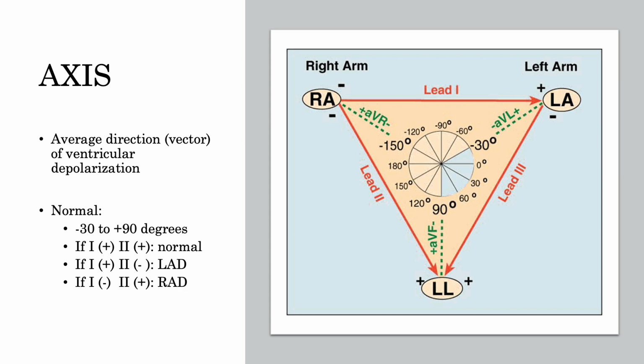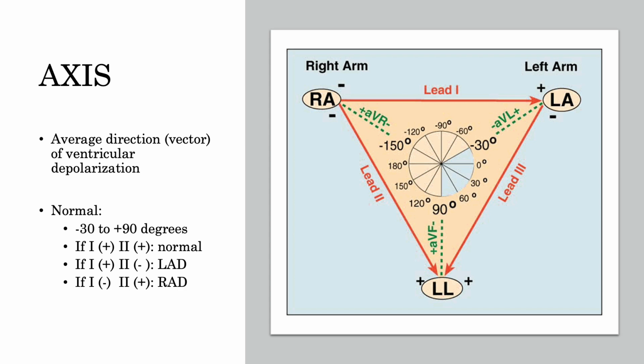So I know that lead 2 is of interest to me. Then for 90 degrees, my lead is AVF, and the perpendicular lead to that would be lead 1, running at 0 degrees. That's my other lead of interest. So I'm going to look at leads 1 and 2 in order to determine axis.